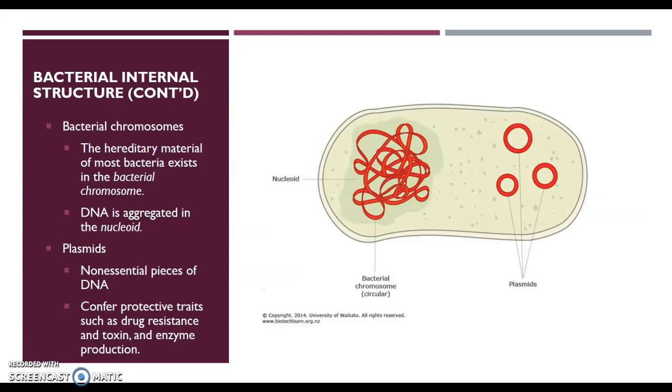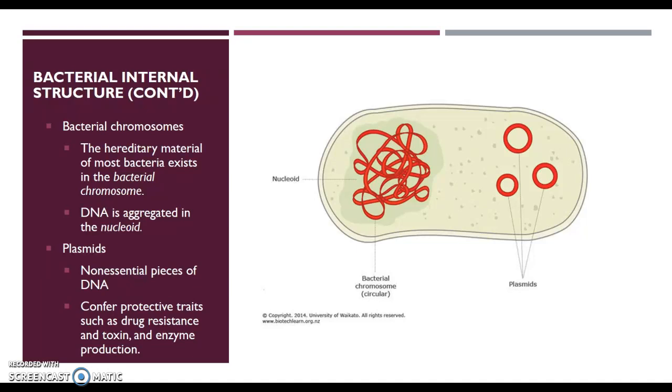Another component of the internal structure is the genetic material in the chromosomes. Remember, there isn't a nucleus in bacterial cells, so instead we have this general space or area within the cell called the nucleoid, and this is where we find the bacterial chromosome. It is circular instead of linear, and it is composed of DNA.